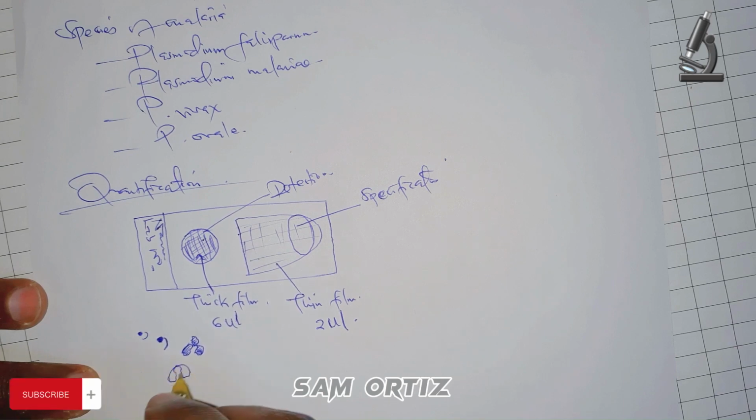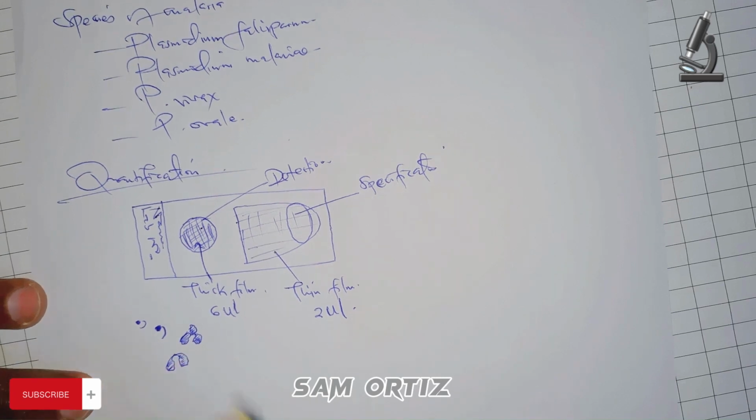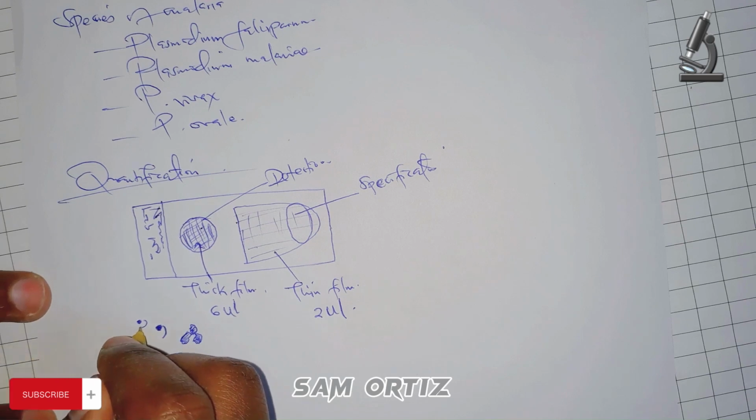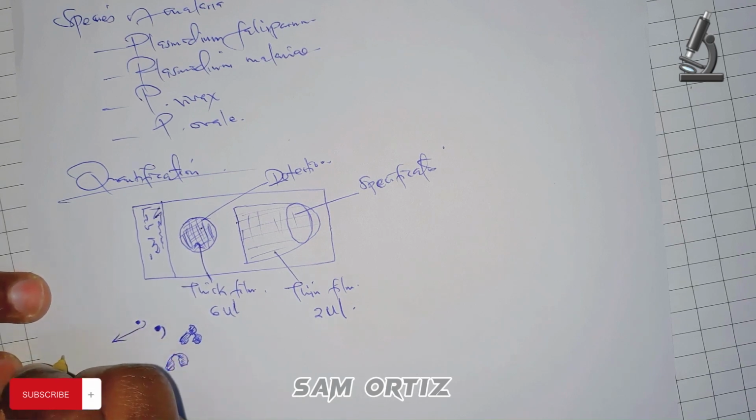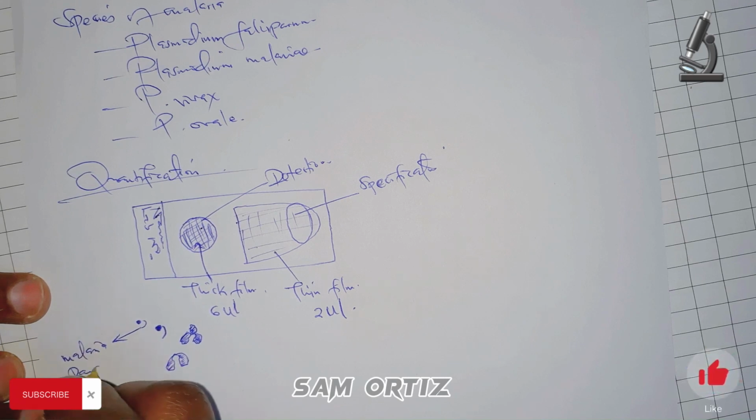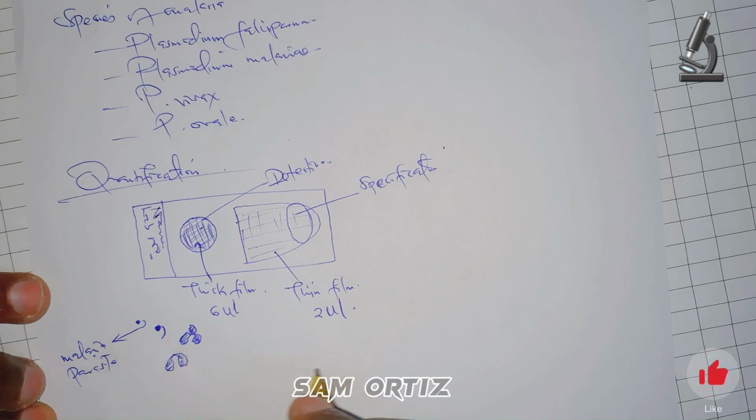When you want to quantify malaria parasites, you should have two tally counters. One is for counting the malaria parasites, and another one is for counting the WBCs. So that's malaria parasite.